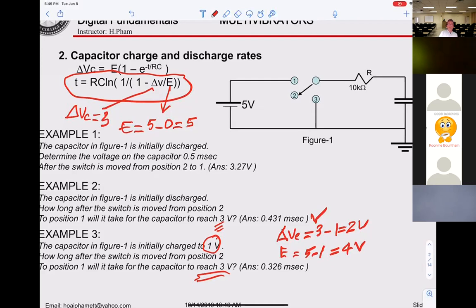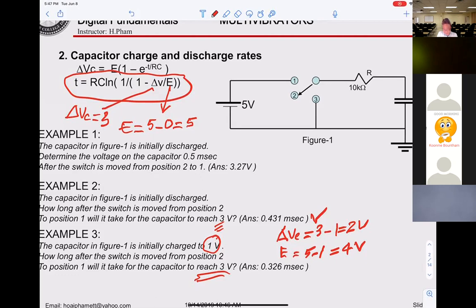Then you can substitute into the formula to calculate the time. Then you can get the answer, which will be 0.326 millisecond. Okay? Make sure you guys really understand how to do the calculation for this circuitry, either the voltage charging or the time.